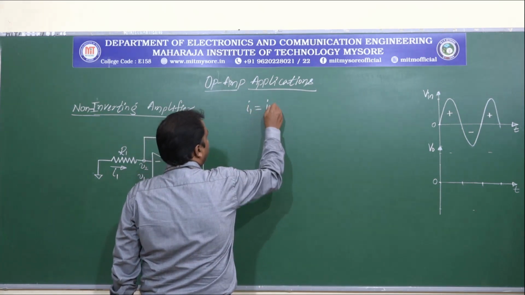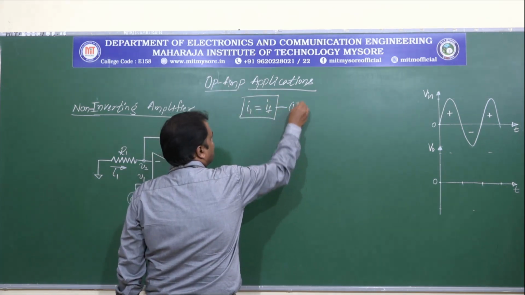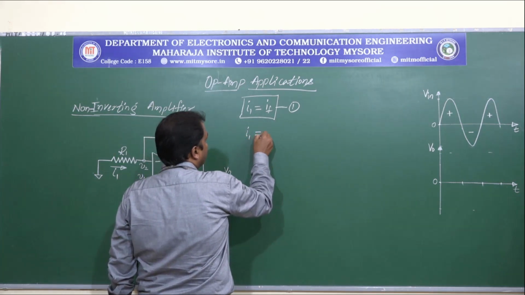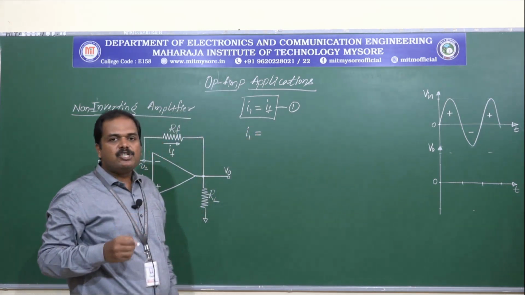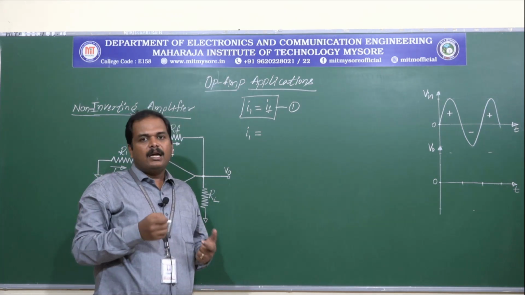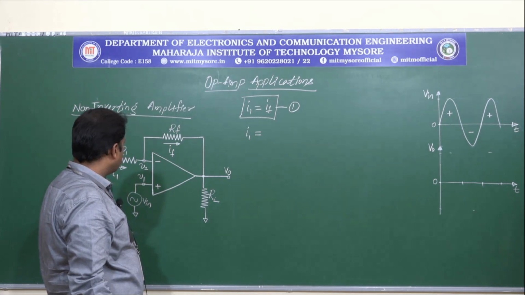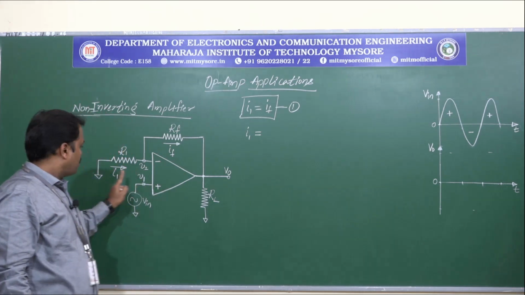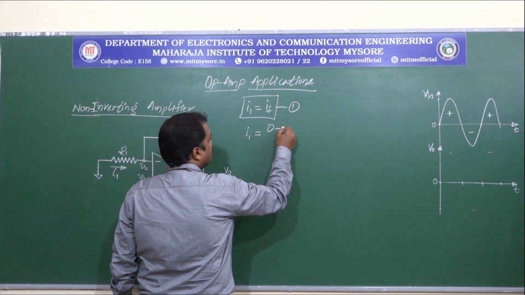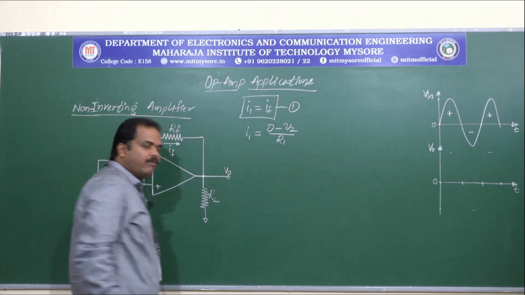So let us equate I1 to IF and consider this as equation 1, and by using Ohm's law we can write the equations for currents I1 and IF, and later we'll equate these two. Now I1 is given by 0 minus V2 by R1.